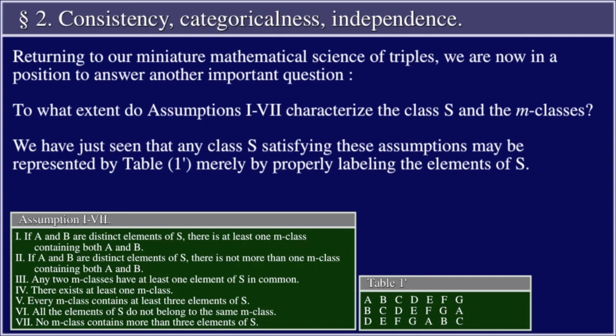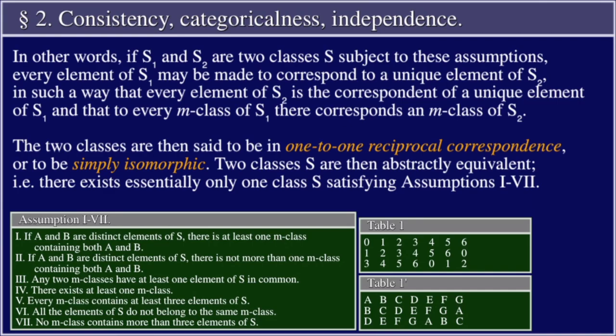We have just seen that any class S satisfying these assumptions may be represented by table 1' merely by properly labeling the elements of S. In other words, if S1 and S2 are 2 classes S subject to these assumptions, every element of S1 may be made to correspond to a unique element of S2 in such a way that every element of S2 is correspondent to a unique element of S1. And that to every M class of S1 there corresponds an M class of S2.